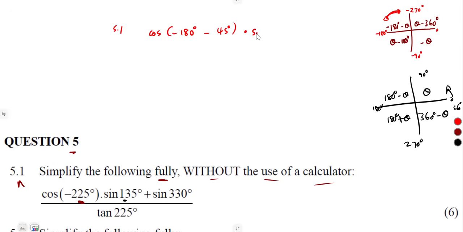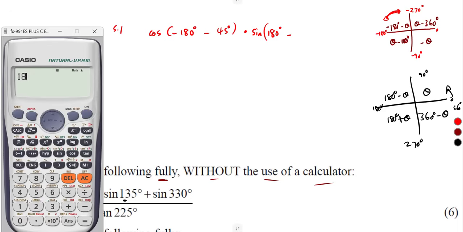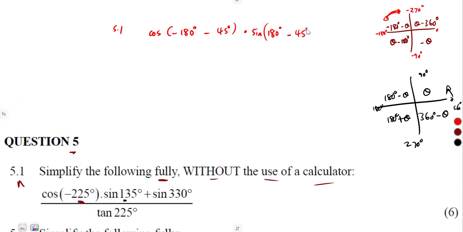So it must be sine 180 degrees minus theta, the acute angle, to give us what? 135. So that's 180 minus 135, which is what? 45 degrees. So that's 45 times sine 330 between 270 and 360. So those are written, all right, this is actually plus.